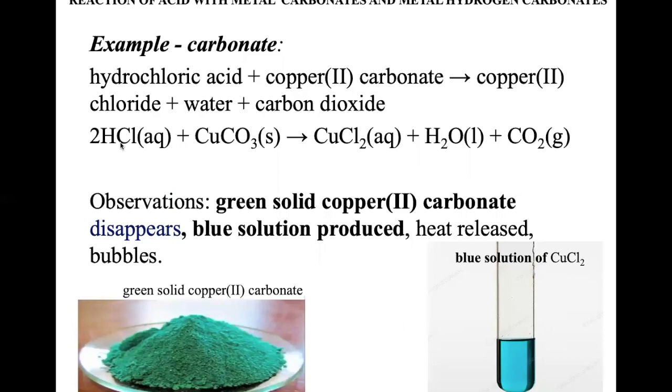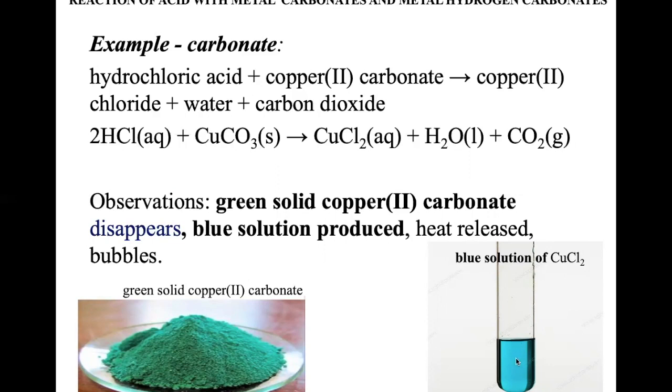Now, hydrochloric acid with metal carbonate, copper carbonate. So it is a metal carbonate. Hydrochloric acid is a colorless liquid, aqueous in nature. Copper carbonate is a solid. It looks like this. It is green in color. And when the reaction takes place, copper chloride is formed. It is bluish in color.